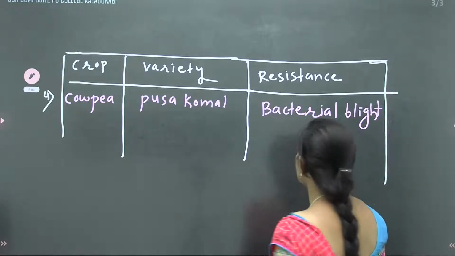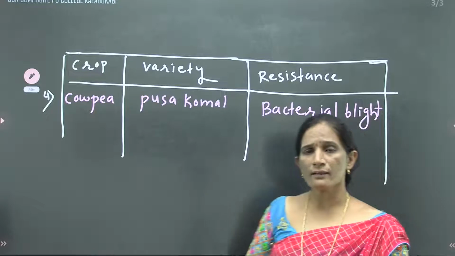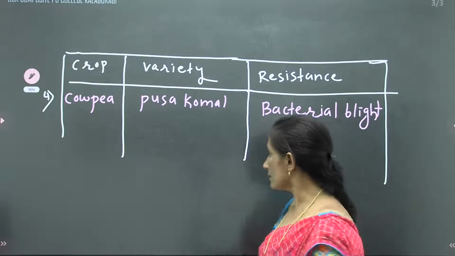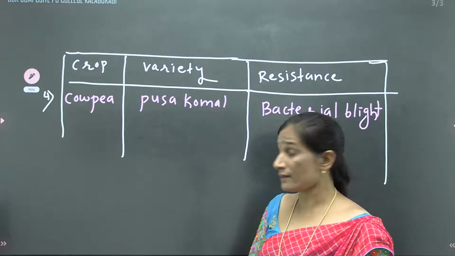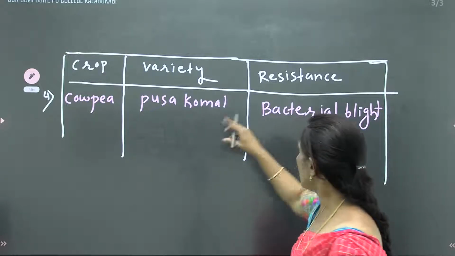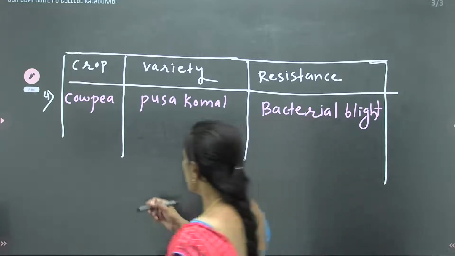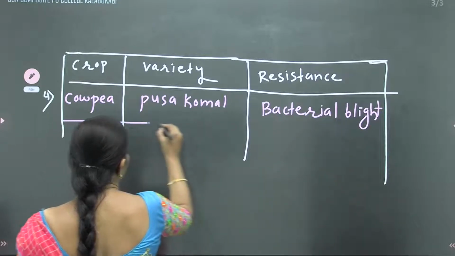Is it clear? So the next crop plant, the cowpea, is resistant to bacterial blight, and the variety is Pusa komal. Okay. Moving to the last crop.